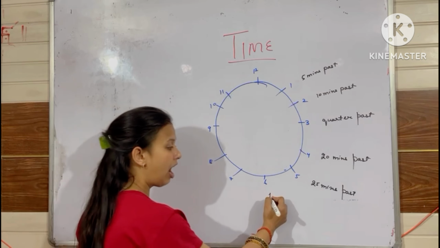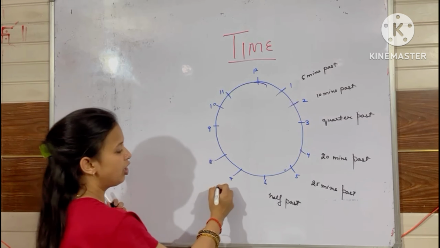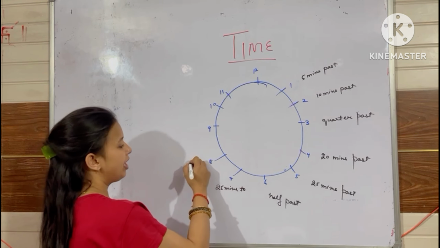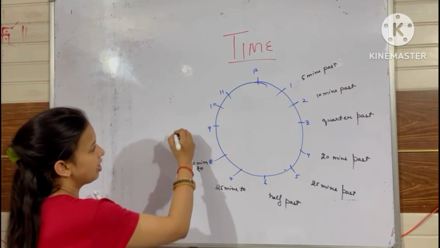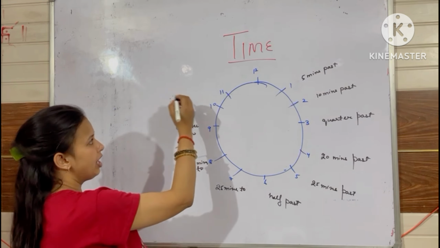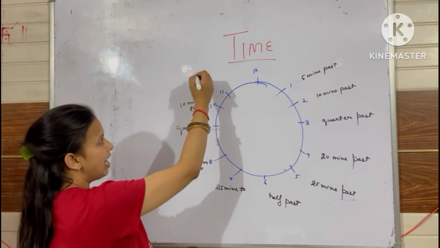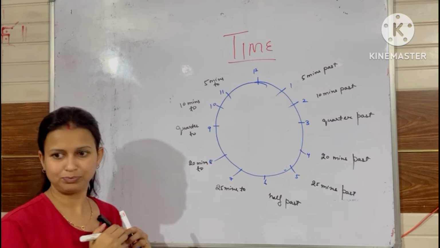Here we say half past. Here we say 25 minutes to. Here we say 20 minutes to. Here we say quarter to. Here we say 10 minutes to. And here we say 5 minutes to.